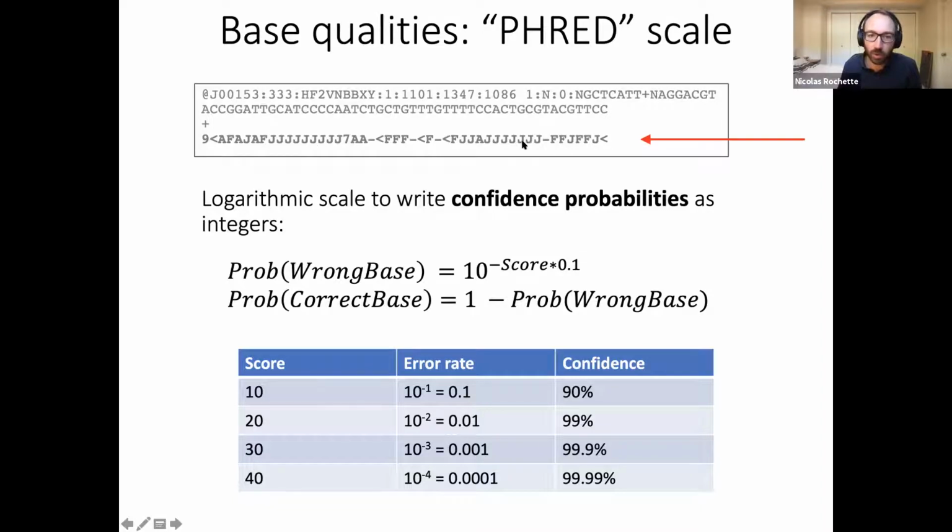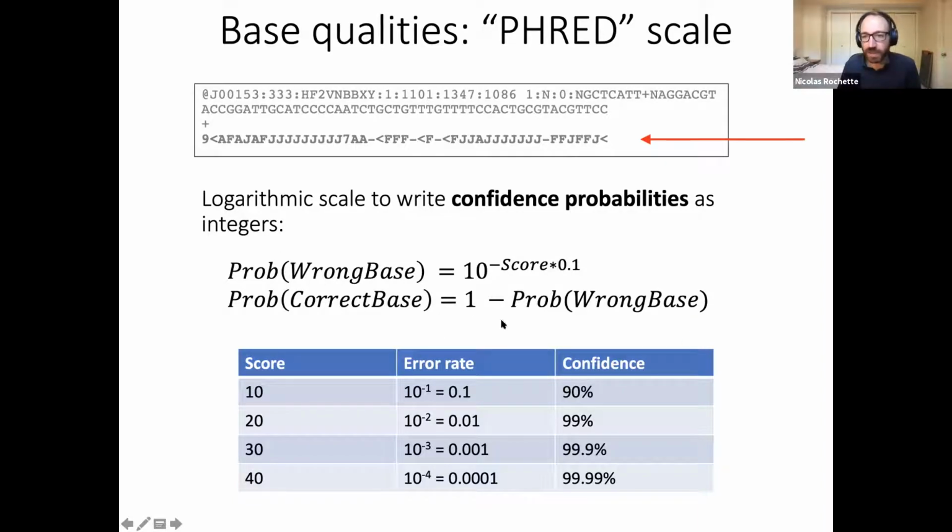Each of these symbols is a quality between 0 and 40 or 45. Essentially this is using the so-called Phred scale, and it is a logarithmic scale where we're writing the confidence as integers between 0 and 40 here.